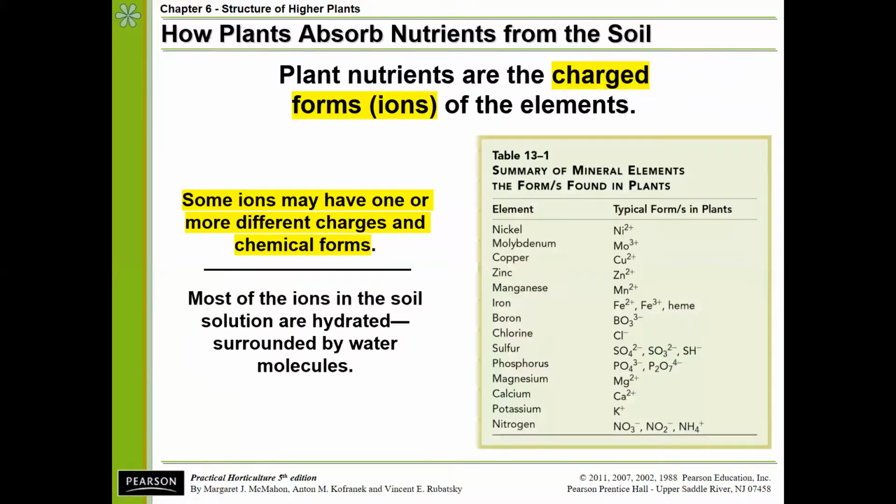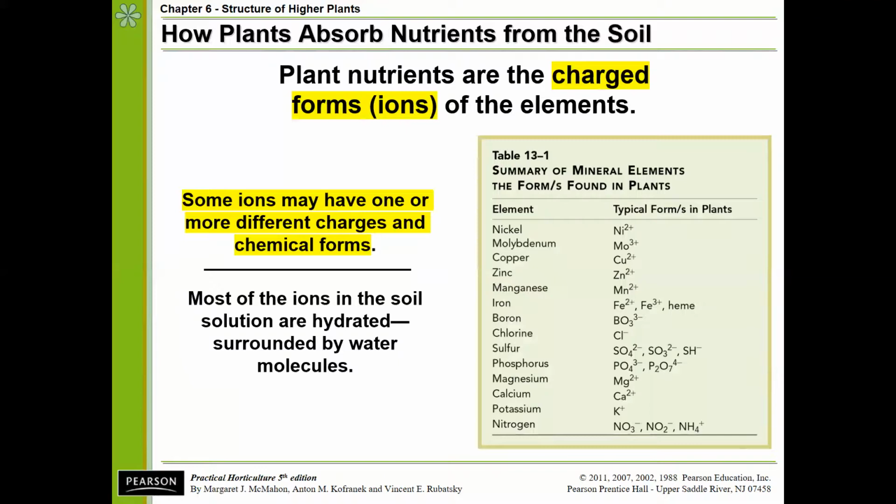All right, moving on to the last part here, talking about plant nutrition. Again, we're looking at ionic forms of plant nutrients, and some plant nutrients have different ionic forms of the different mineral elements that can make them easier or more difficult to be taken up.